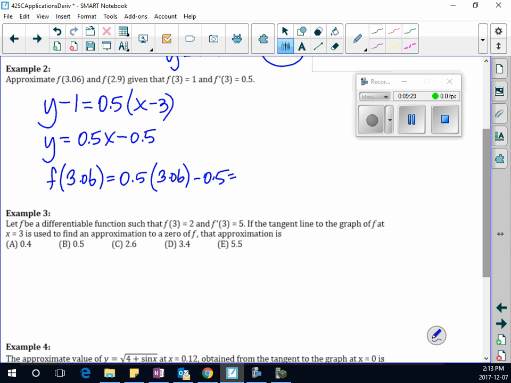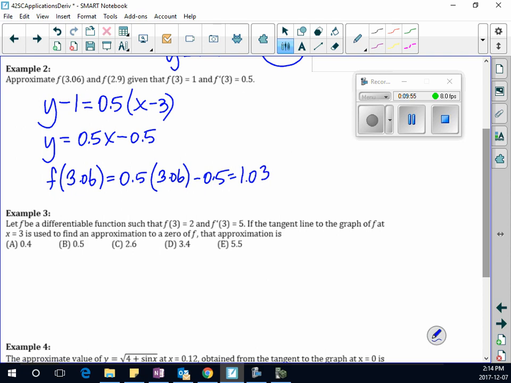Half of 3.06 is 1.53, so minus 0.5, what's my answer? 1.03? Did you get that?